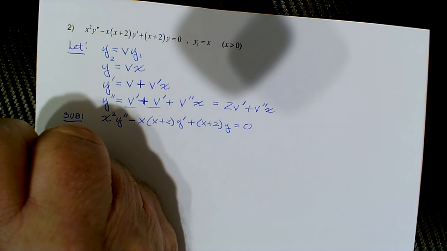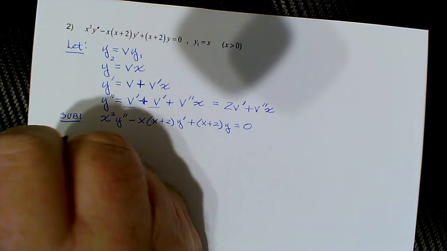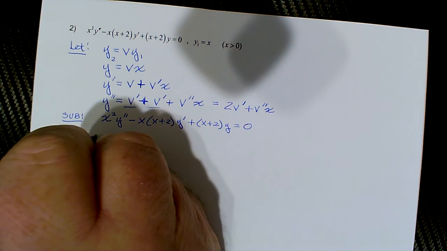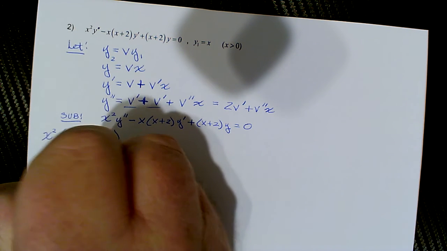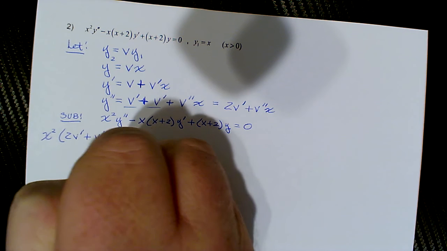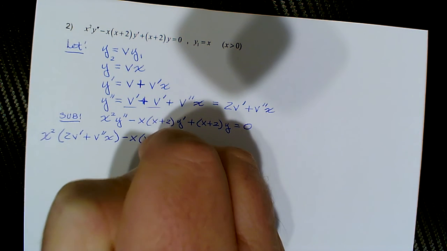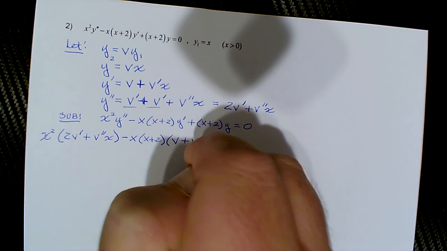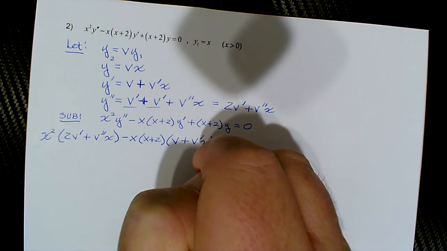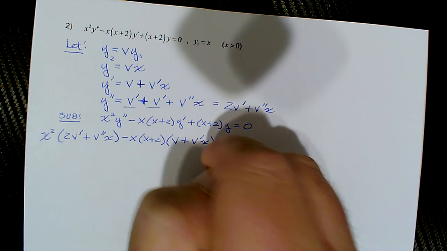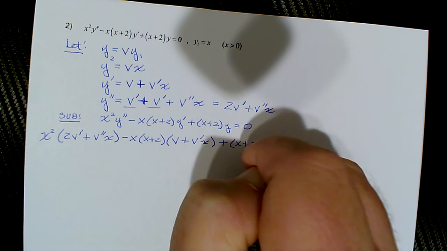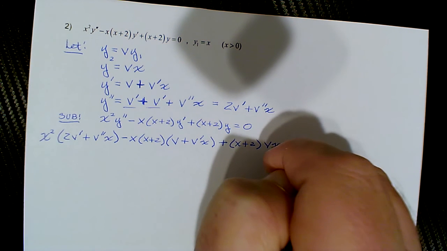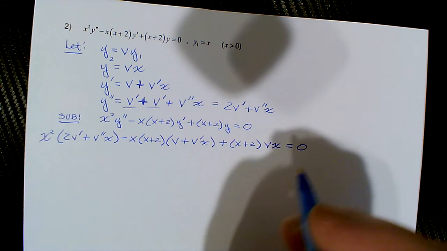So we have x squared times y double prime, which is 2v prime plus v double prime x, minus x times x plus 2 times y prime, which is v plus v prime x, and then plus x plus 2 times y, and y was vx, and that has to equal 0.